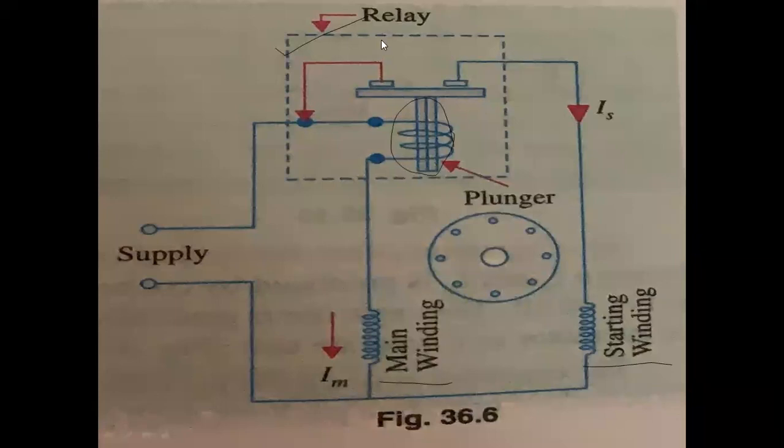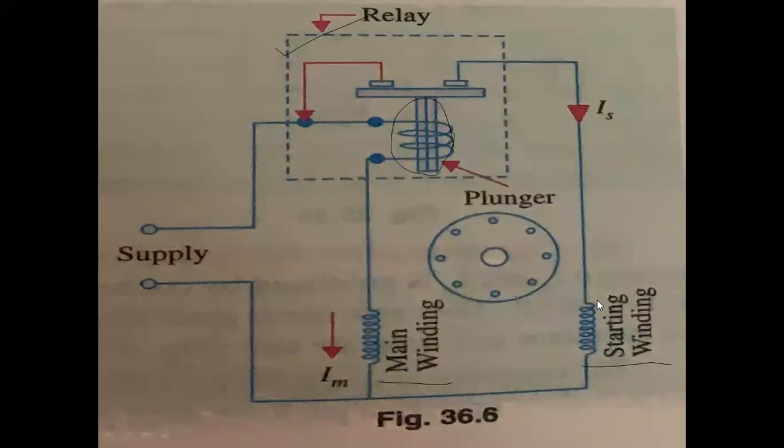If you observe, this is the relay, and this is connected in series to the main winding. And there is a pair of contacts which are normally open. These include the starting resistance. So see here, these two will be opening and closing. These are attached to the starting winding.